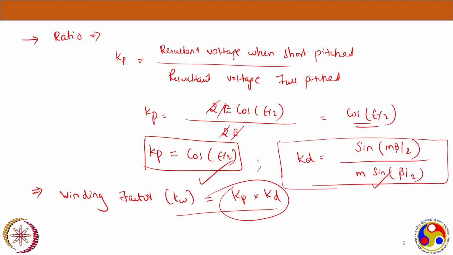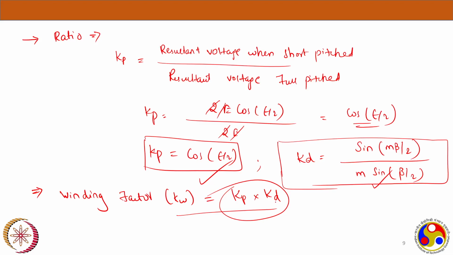Let's say we want to eliminate the third harmonics. Usually third harmonics are not wanted in the output voltage. If I want to eliminate those third harmonics, it is wound in such a way that we can eliminate them. If you short pitch the winding by this epsilon, that particular voltage won't be visible.